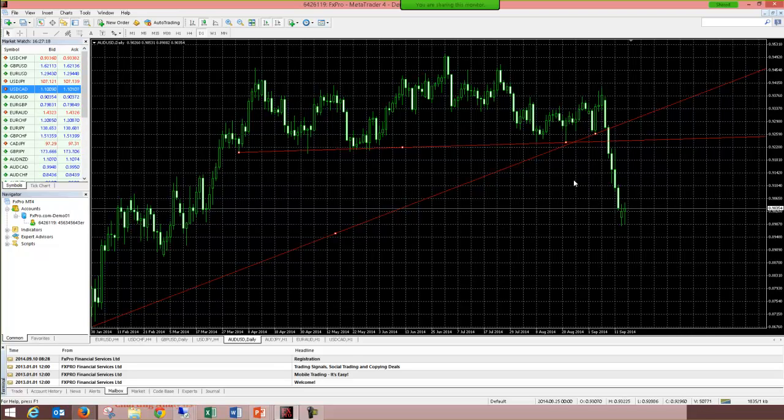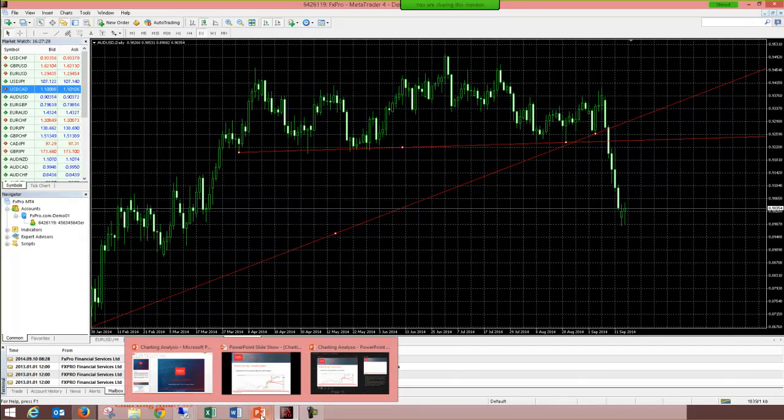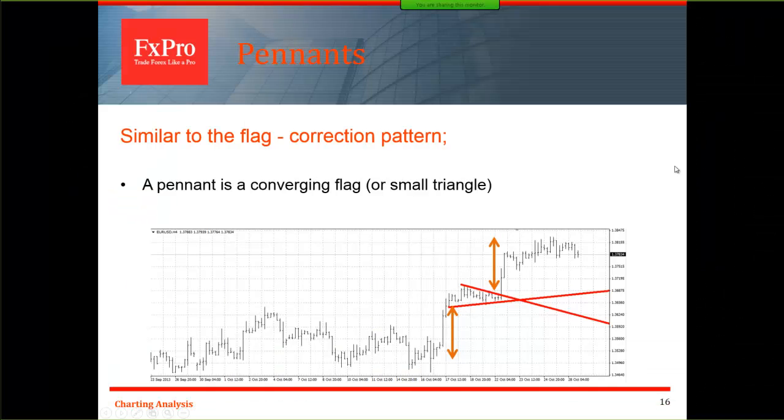Okay, one of the questions is with regard to the triangles and the pennants we discussed previously. How do we differentiate between the two? Let me just move back to that since the slide is here anyway. Now, pennants are small triangles. Triangle formations, though, are much larger patterns.